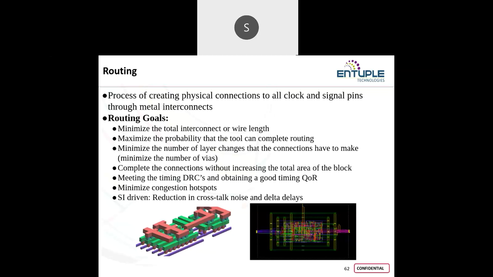And so many more goals are there. I need to meet the timing, like fixing the timing violations, and even with the DRC fixing also, and I need to minimize the congestion hotspots also. Here also I am checking the congestion. In the placement stage also I am checking the congestion. After the routing stage also I will be checking the congestion.